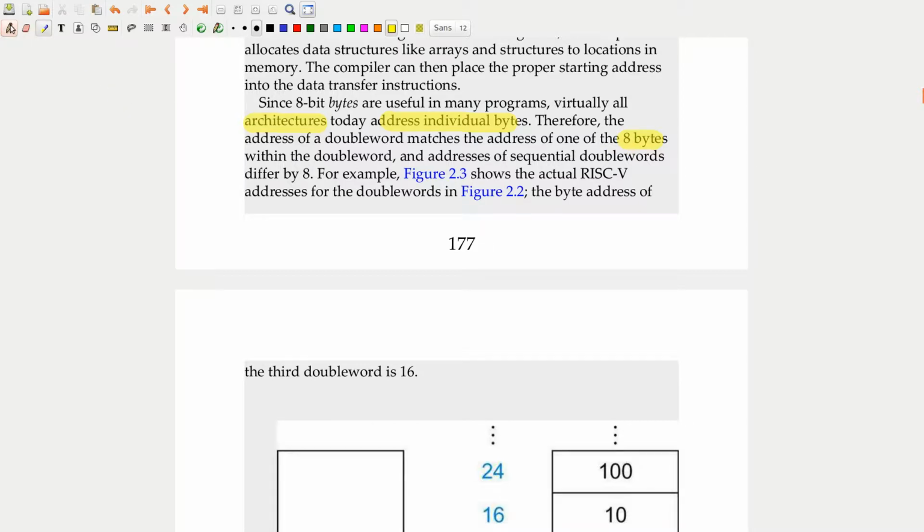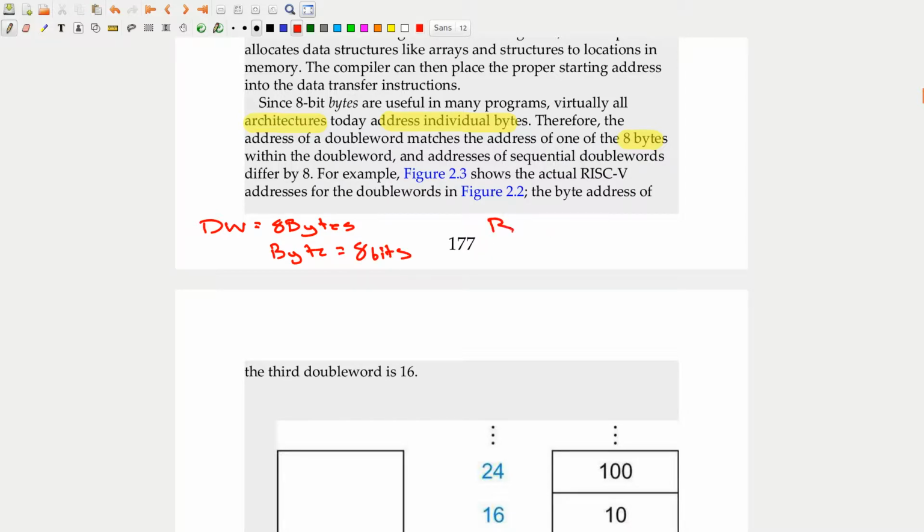So like we said earlier, I'll call it just DW. So a double word is equal to 8 bytes, and a byte is equal to 8 bits.